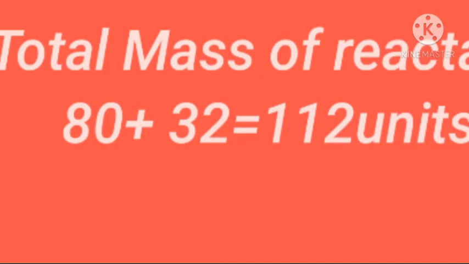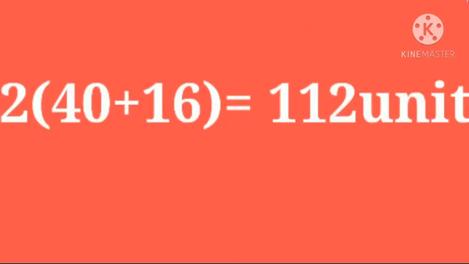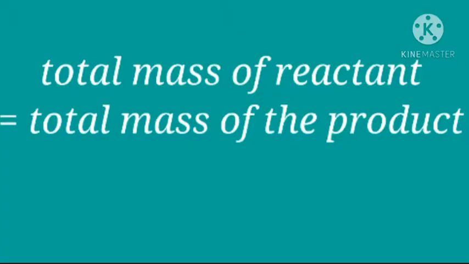The mass of calcium oxide formed is 2 times (40 plus 16), equal to 112 units. So students, here 80 units of calcium combine with 32 units of oxygen and produce 112 units of calcium oxide. So according to the law of conservation of matter or mass, the total mass of the reactant side is equal to the total mass of the product side.